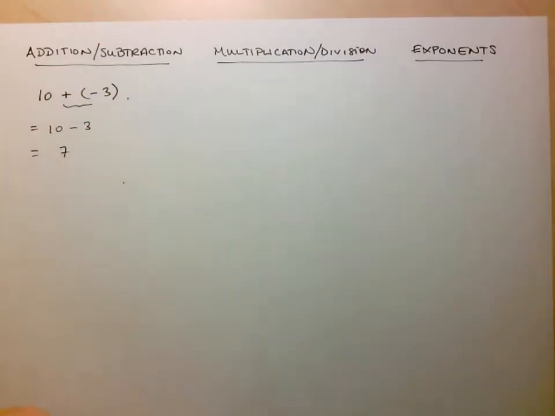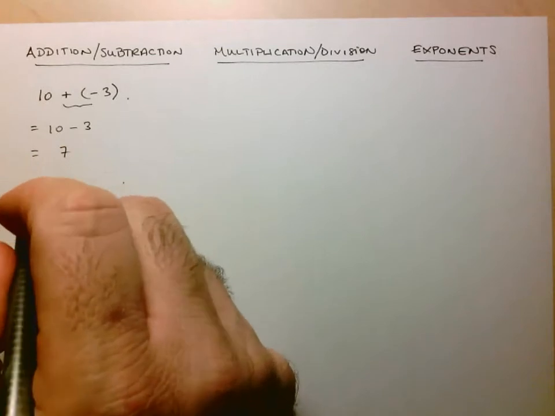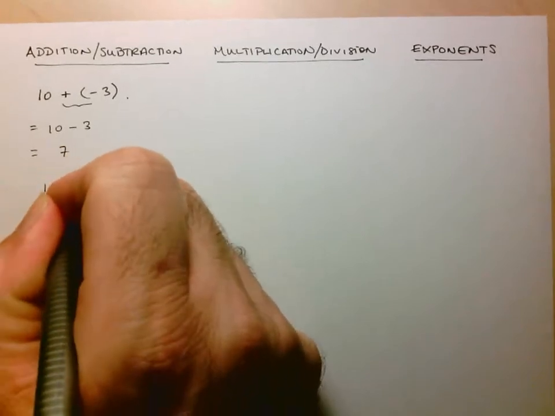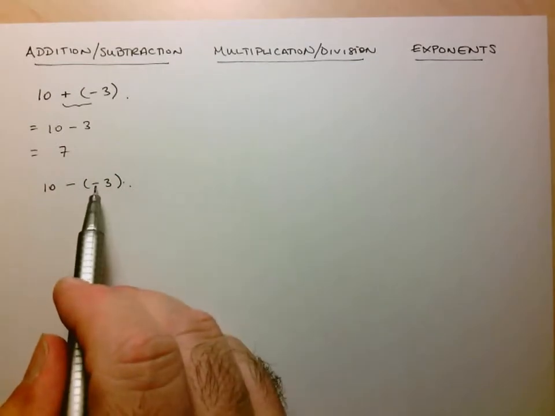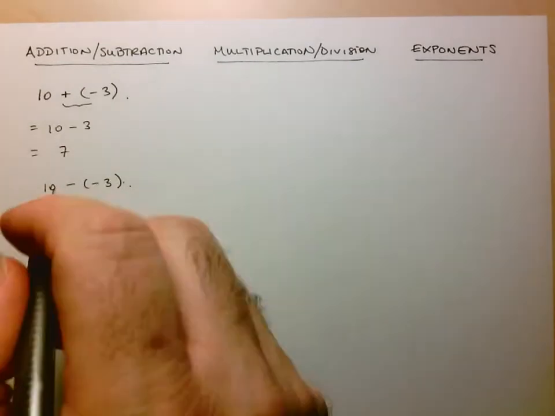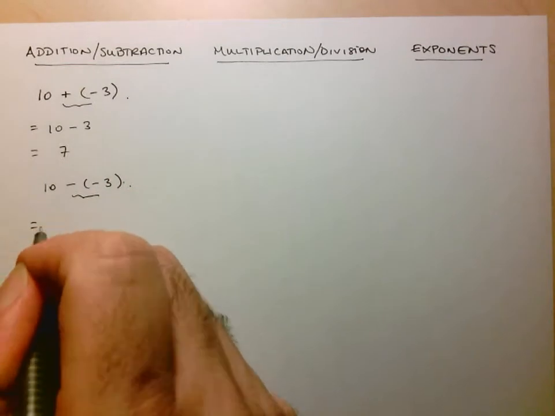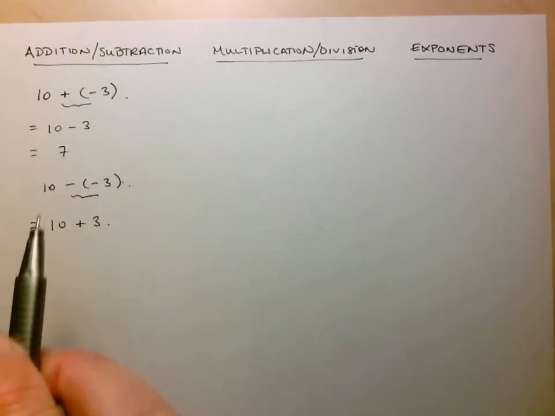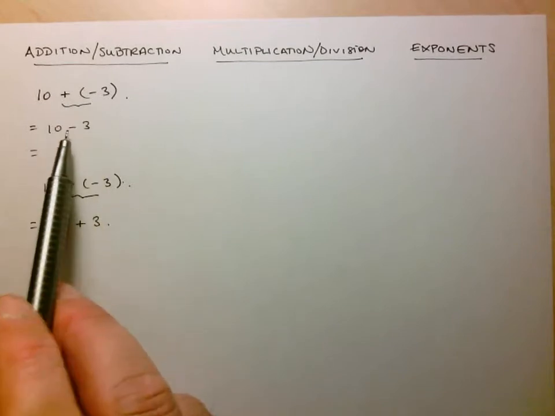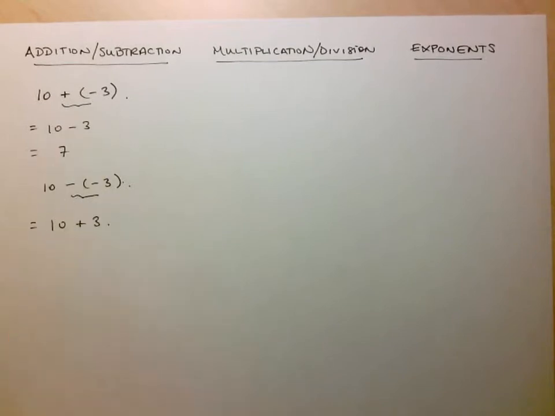As opposed to subtracting a negative number, so I have 10 minus negative 3. Subtracting a negative number is equivalent to doing an addition, so this becomes 10 plus 3. Recall that adding a negative number becomes a subtraction, and subtracting a negative number becomes an addition.